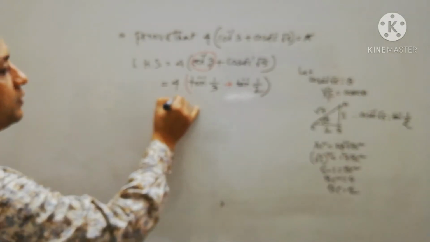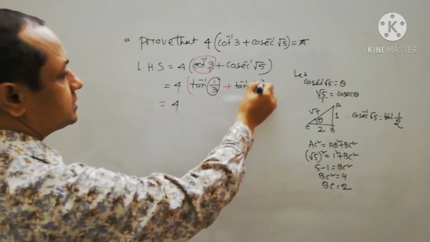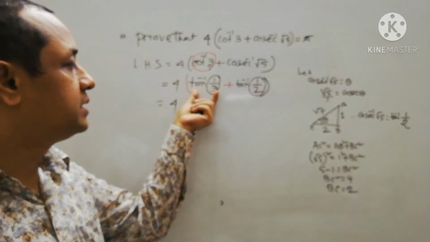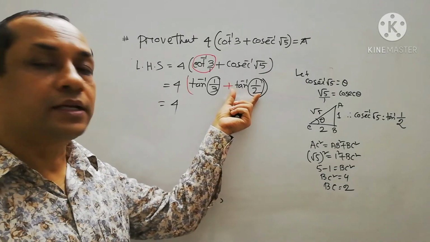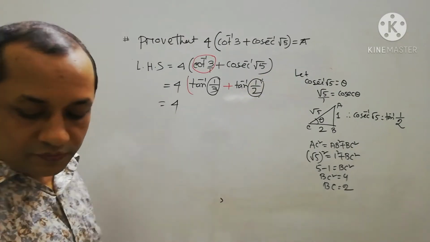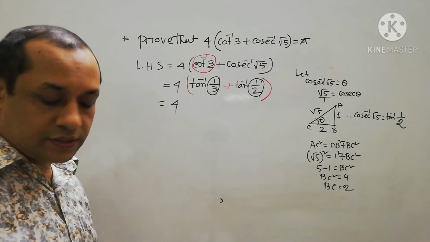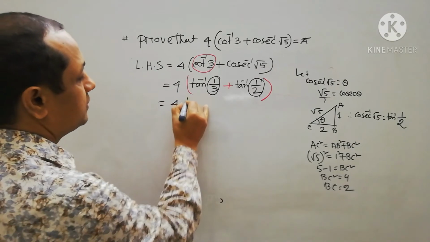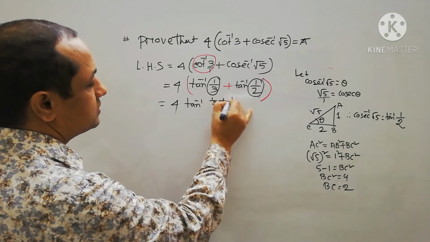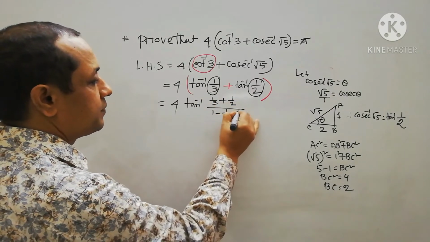Now using the formula, student, here considering 1 by 3 as x and 1 by 2 as y. So using the formula, tan inverse x plus tan inverse y equals tan inverse of (x plus y) by (1 minus xy).